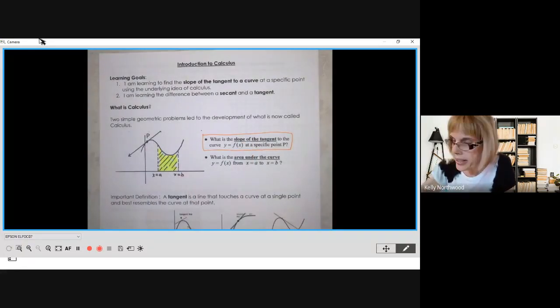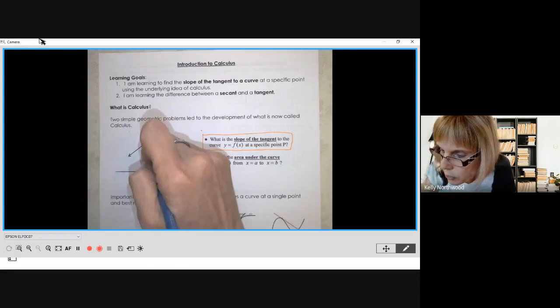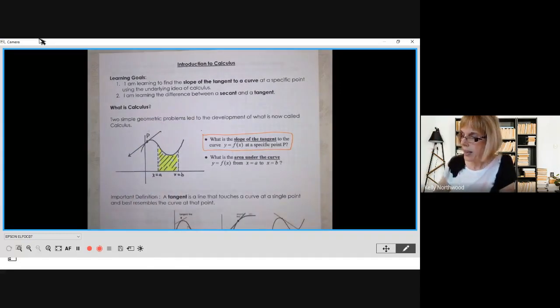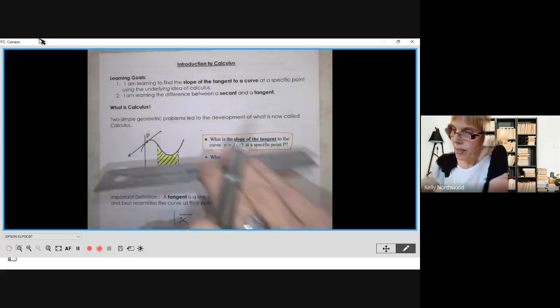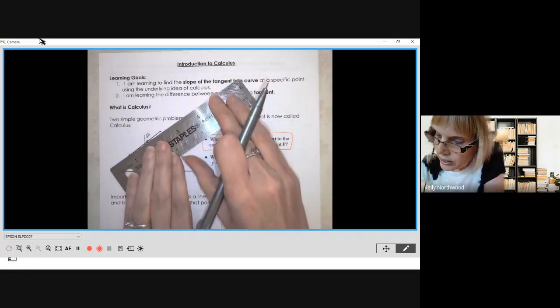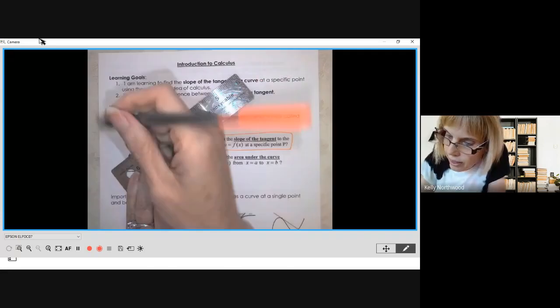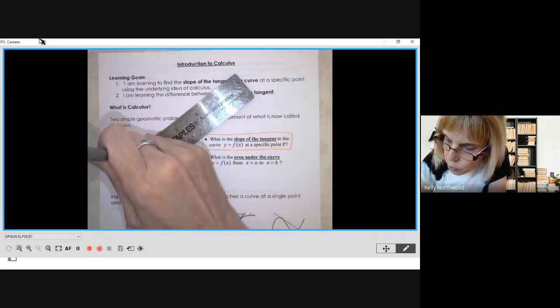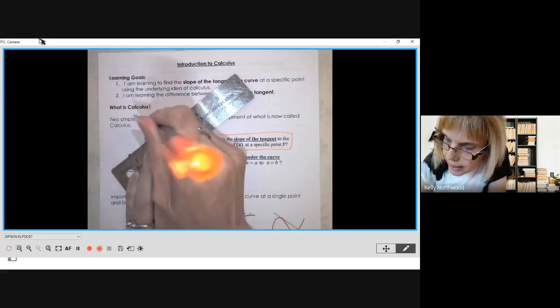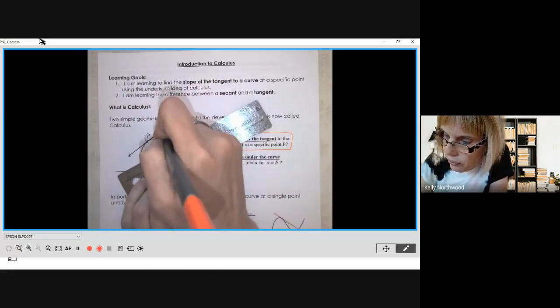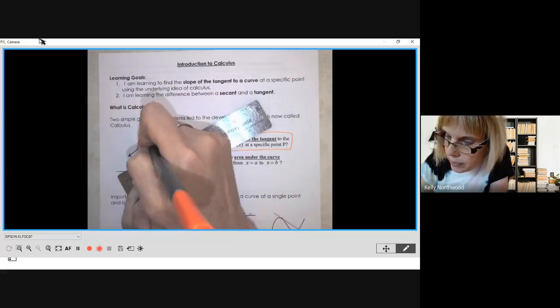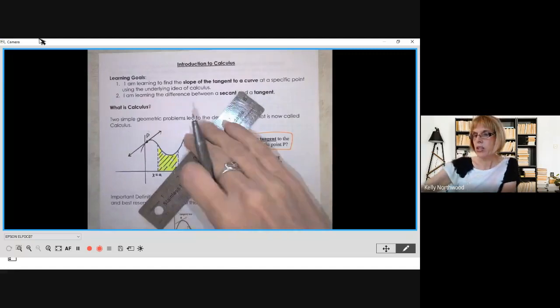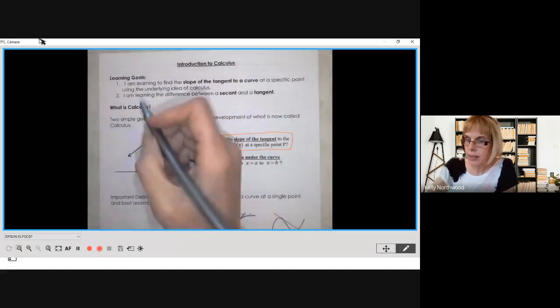So slope of the tangent to the curve at a specific point. I did a little sketch here for you. So here's our specific point P, and then here's this thing called a tangent. A tangent is a line that touches a curve at only one spot and best resembles the slope of that curve at that specific point. So it only touches it at one point, okay?